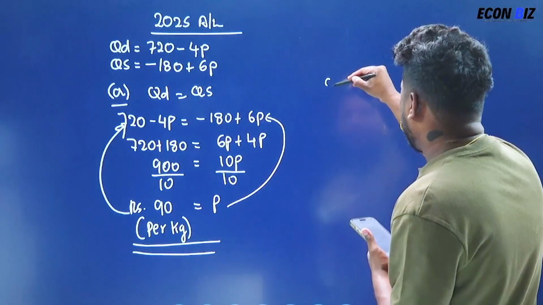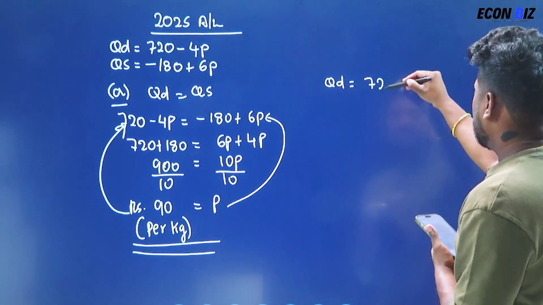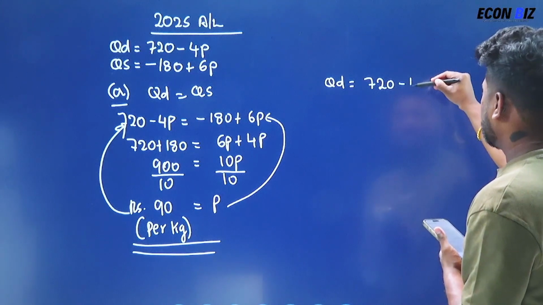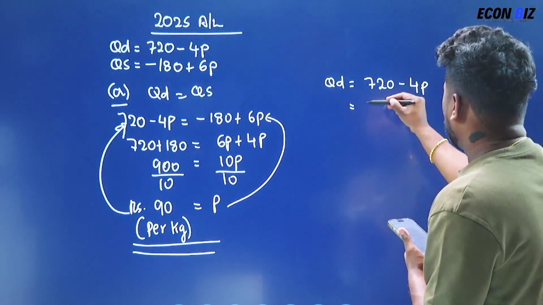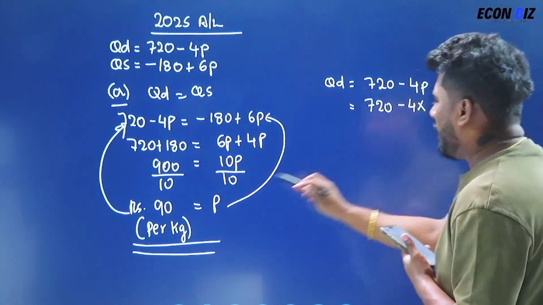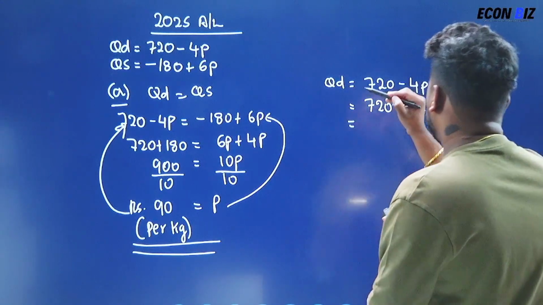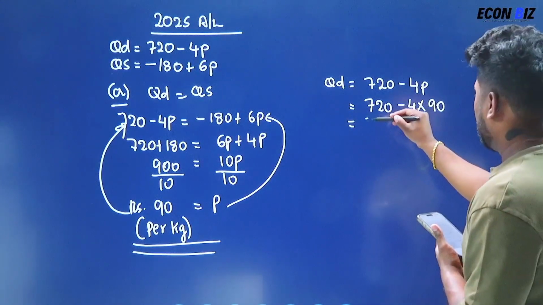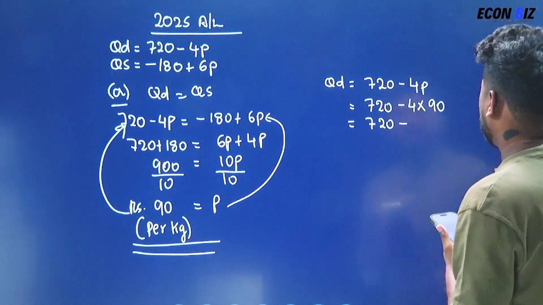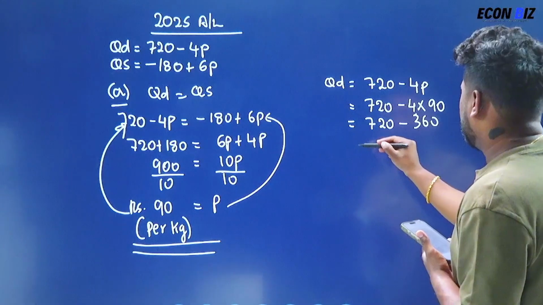So normally as a practice I am applying this to the demand equation. 720 minus 4P. So 720 minus 4, instead of P you are applying the equilibrium price you got. 720 minus 360.